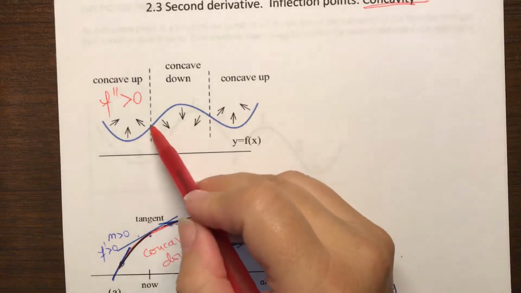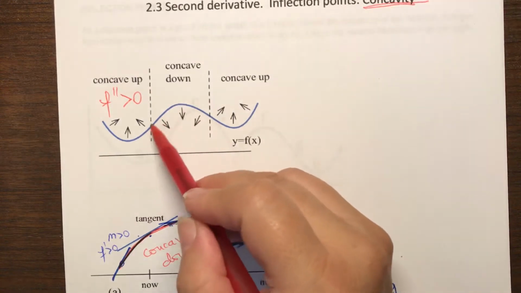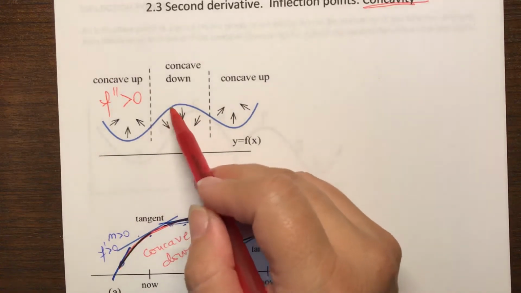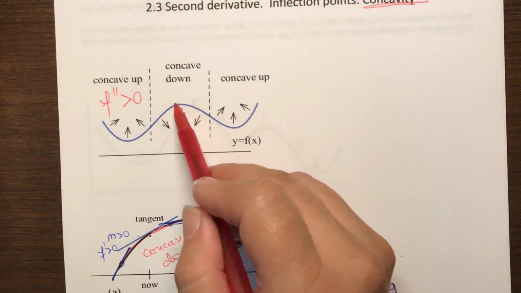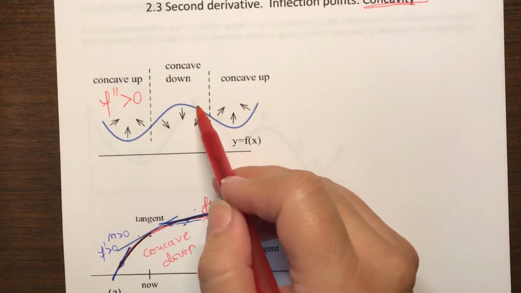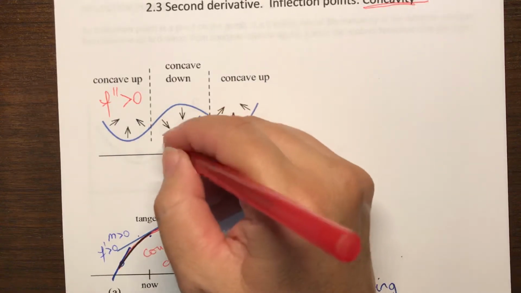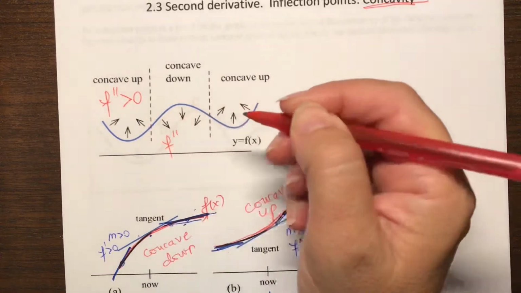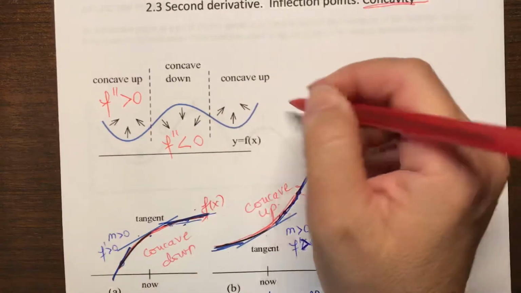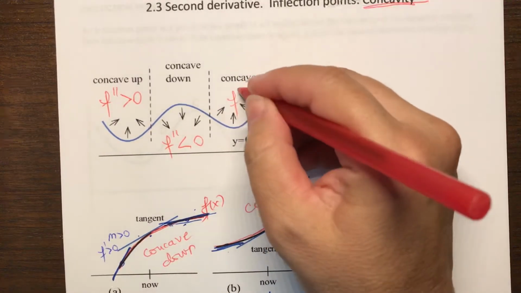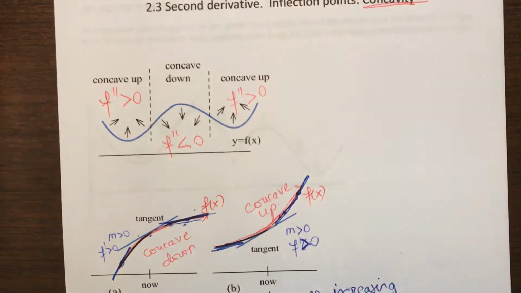And then what happens to the slopes? They're slowing down, right? From the 2, it might just be a 1, it might be a half, it might be a 0, -0.5, -1, right? So the graph is turning down. The derivative of the first derivative is negative, yes? And then back up. Okay, concave up.